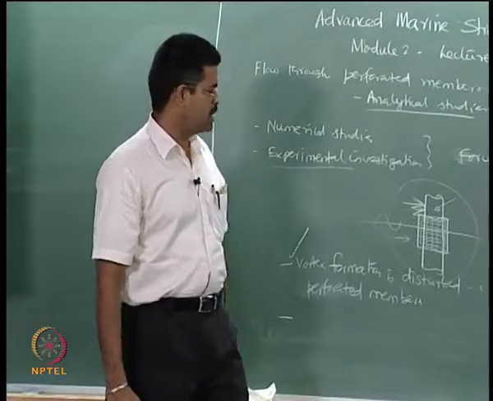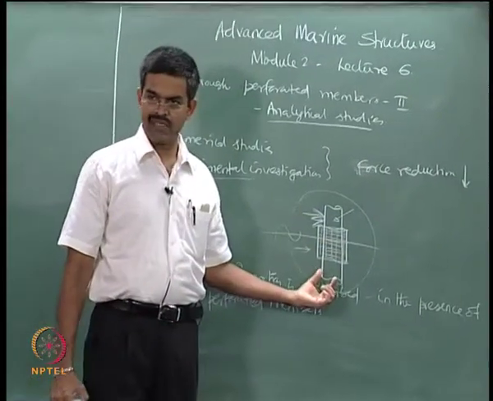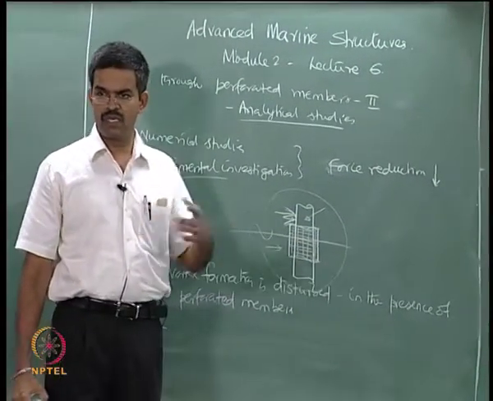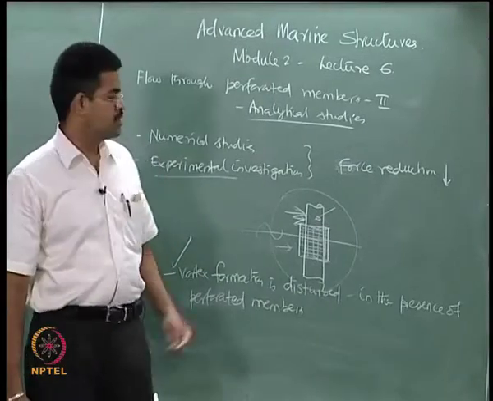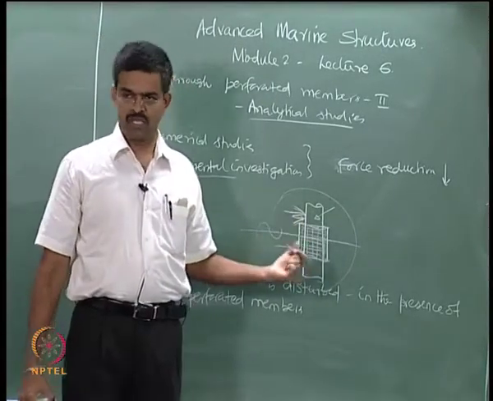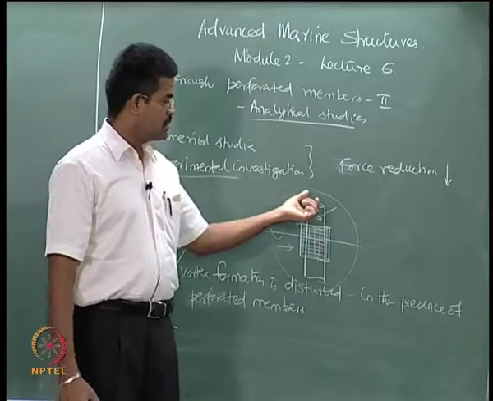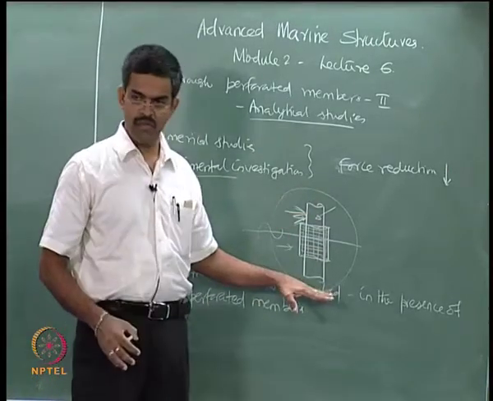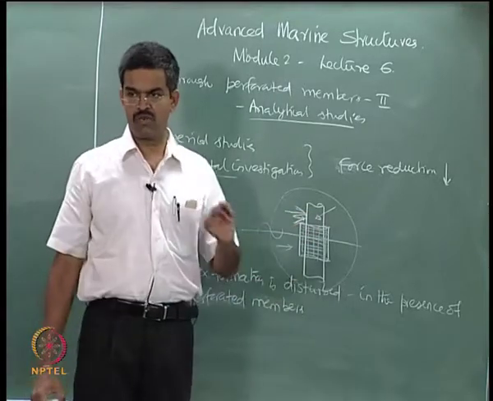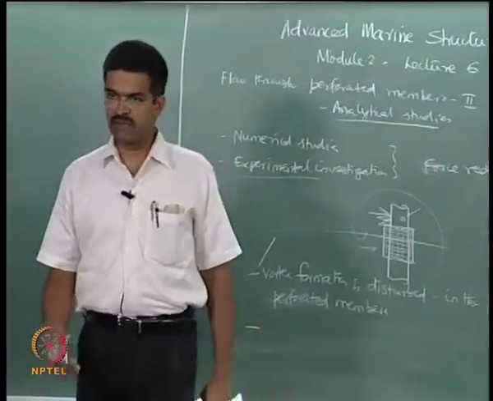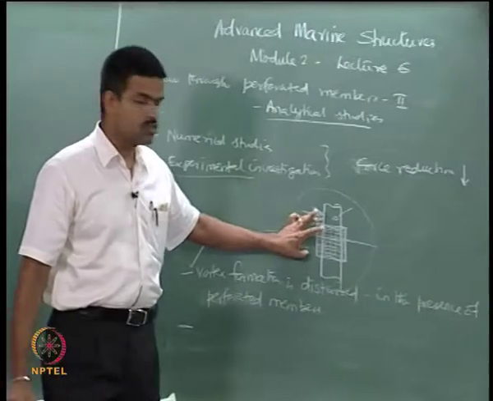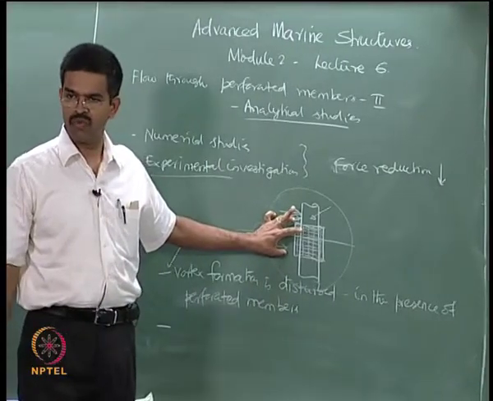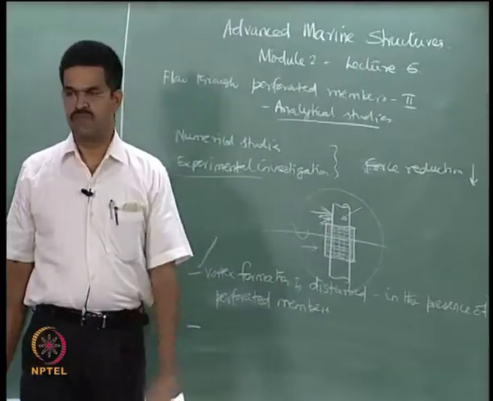The second advantage is when the member cannot take the intended load because of material deterioration, age factor, or stress concentration in the joints, we can still strengthen the member by providing an outer cover, not on the entire length of the member but on the regions where the stress concentration is maximum. It is expected that near the splash zone you will always have the maximum forces exerted by the waves.